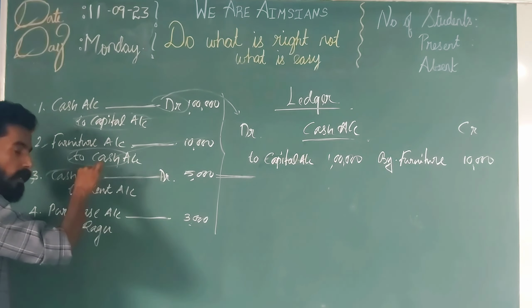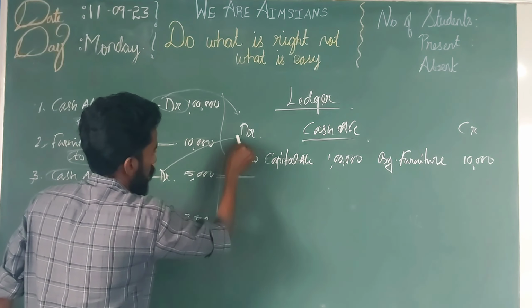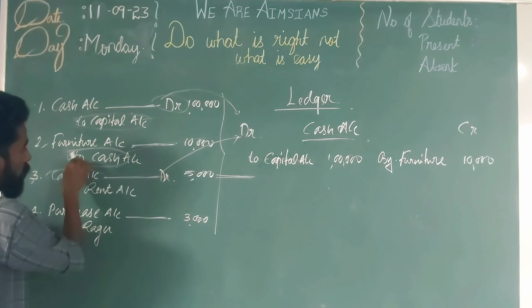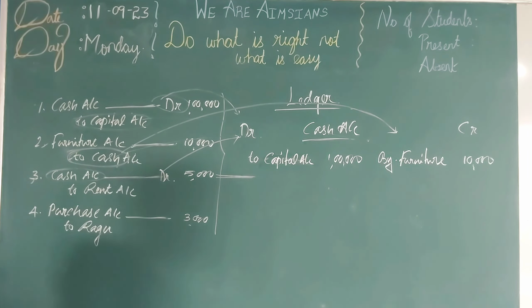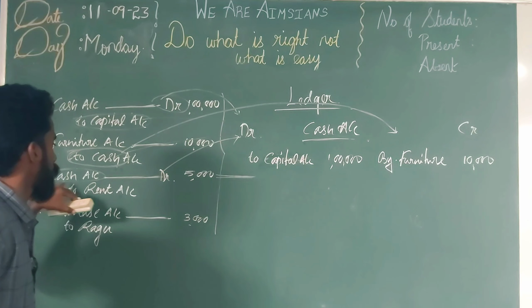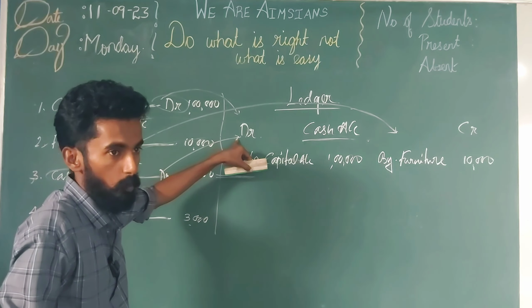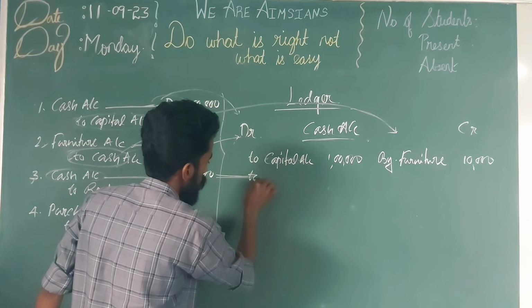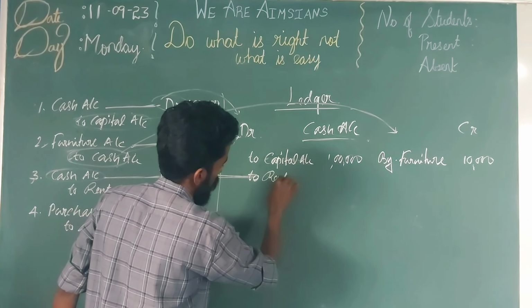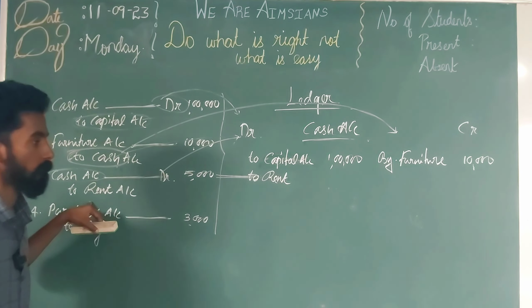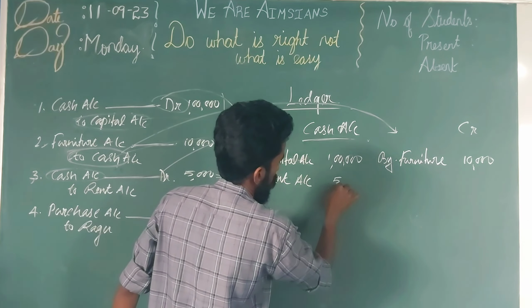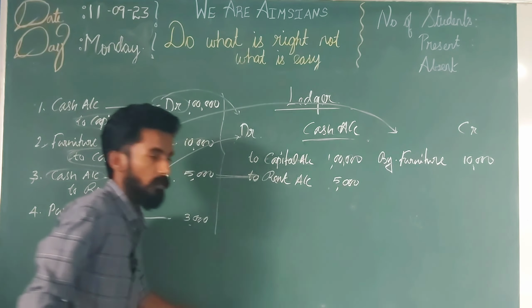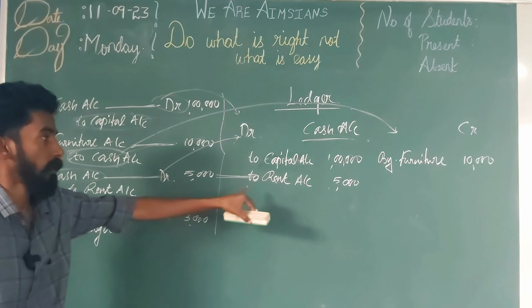If the cash account we have debited, we need to go to the debit side. If the cash account we have credited, we need to go to the credit side. The logic is clear. Here the cash account is debited, so we go to the debit side. Then we need to write "To rent account", how much? 5,000. That means we have received rent.